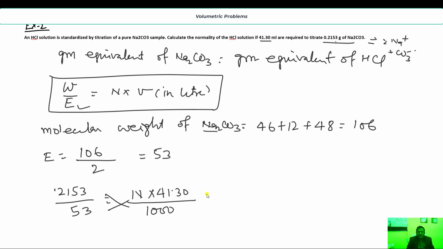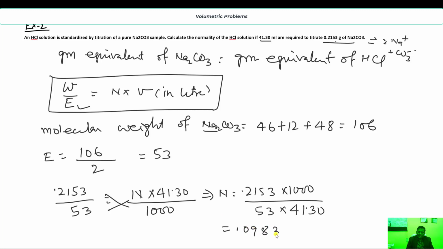So from here normality equals 0.2153 multiplied by 1000 divided by 53 into 41.30. If you calculate this, it would be how much? 0.09835 N. That is your answer.